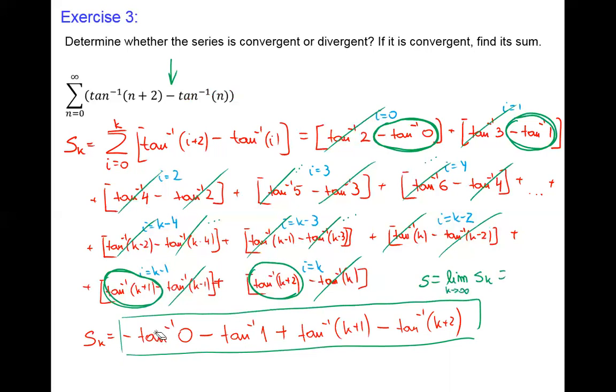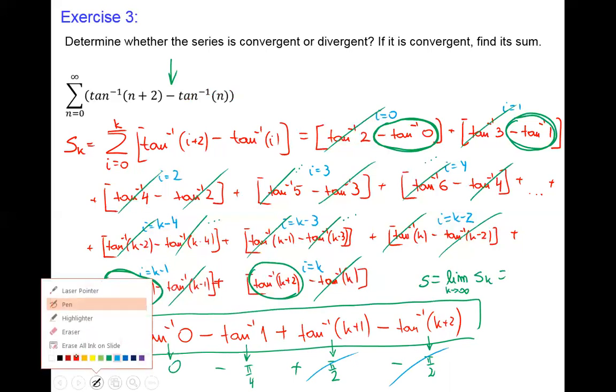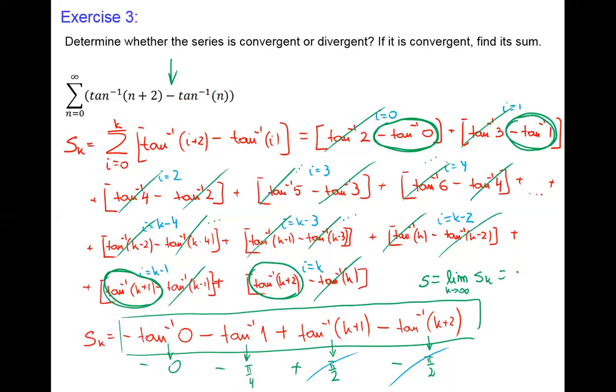So let's think. Tangent for what angle is 0? It's just 0. Tangent for what angle is 1? Pi over 4. Now, infinity. How inverse tangent behaves at infinity, we all know, is pi over 2, and at the other infinity, inverse tangent at positive infinity, is pi over 2. However, this is negative, this is positive. We don't really need this. That means this is simply gone. Okay, the answer is negative pi over 4.